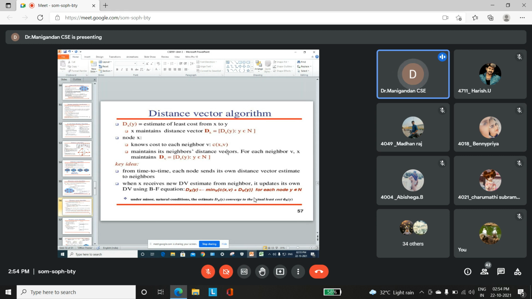The key idea: from time to time, each node sends its own distance vector estimate to its neighbors. So the distance vector is estimated with the help of neighbor nodes.